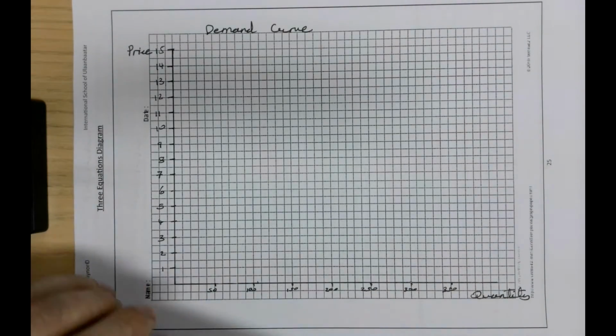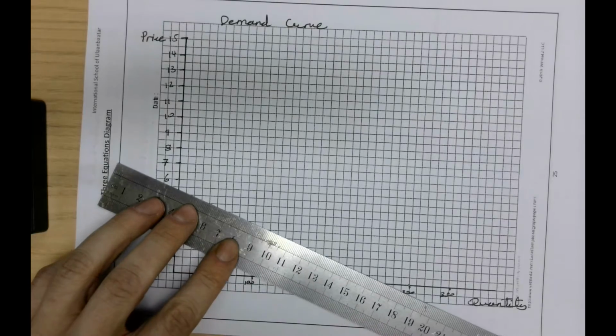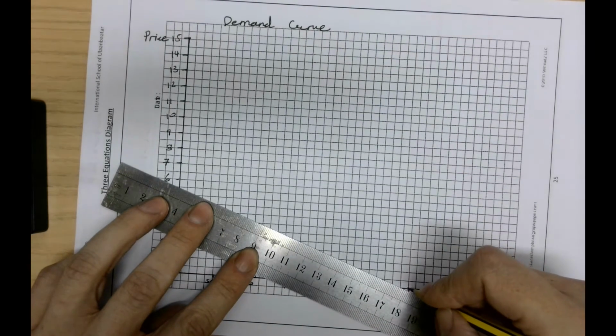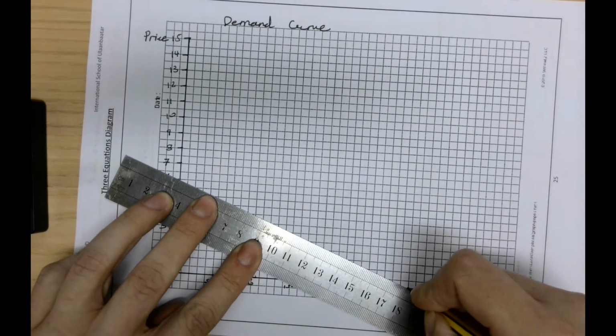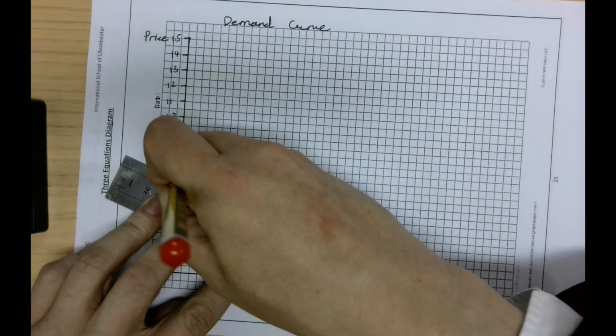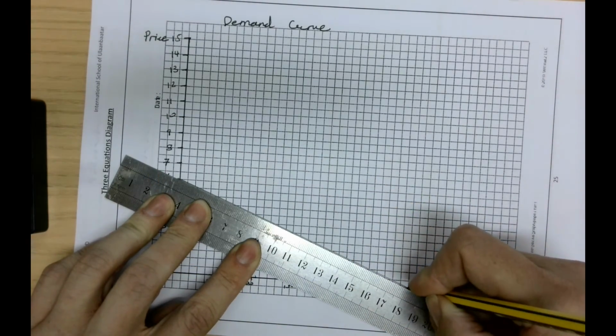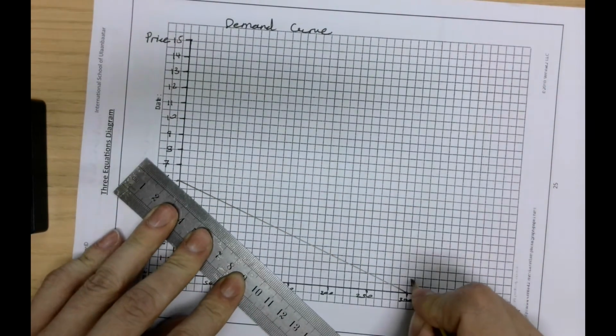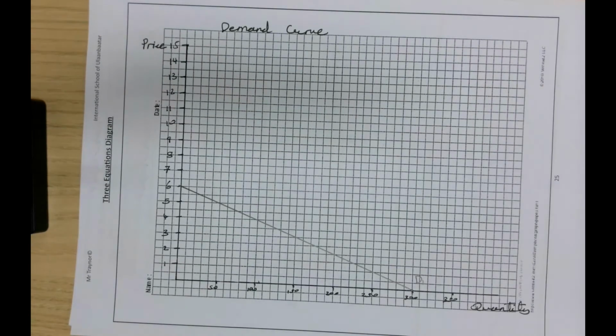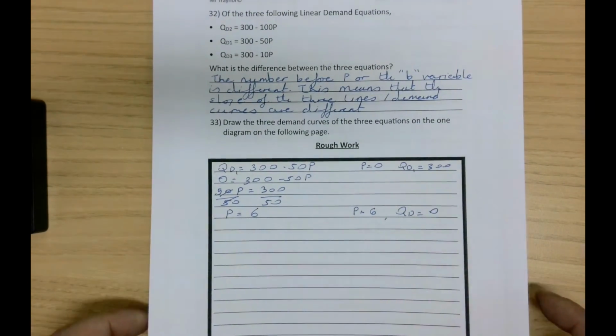Now, because the number before p changes, what we are expecting is the slope of these 3 lines to be different. That is what we are expecting, and we are right to expect that. That's D1.